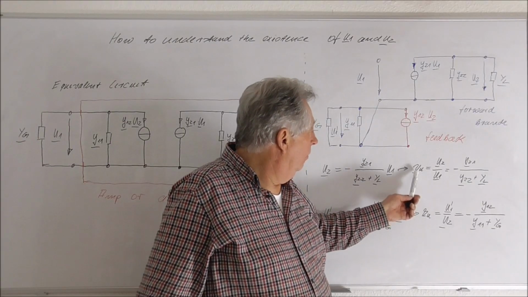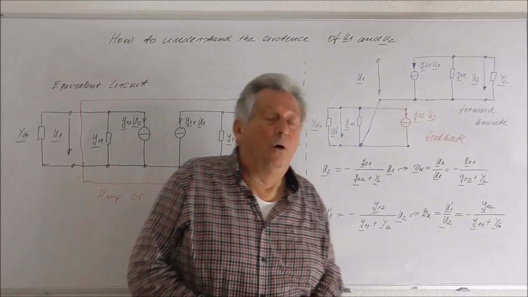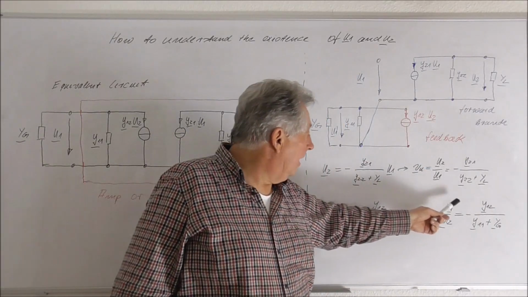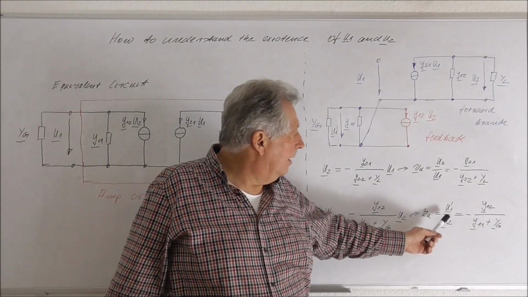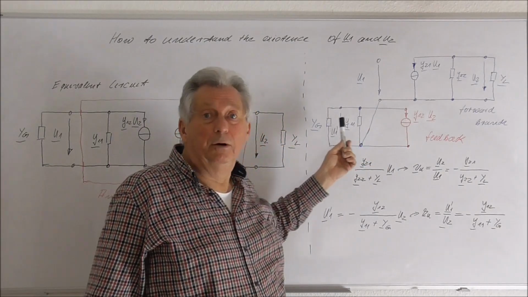One is the voltage gain of our forward branch, and one is the feedback parameter Ku, which describes the feedback of the output to the input.